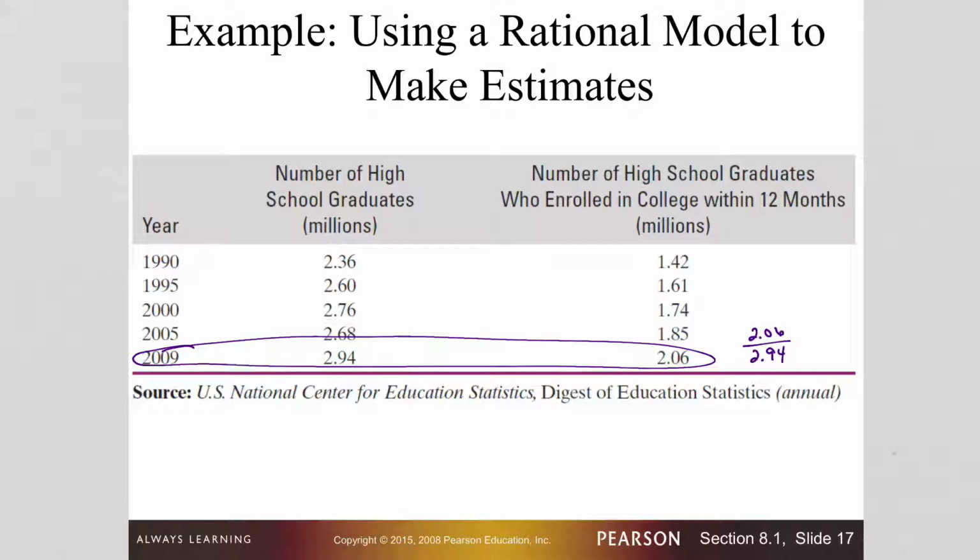So 2.06 divided by 2.94 is, I'm going to use the squiggly again, 0.70068, which is about 70%. Because remember, you have to move your decimal to the right two places. So 70%.